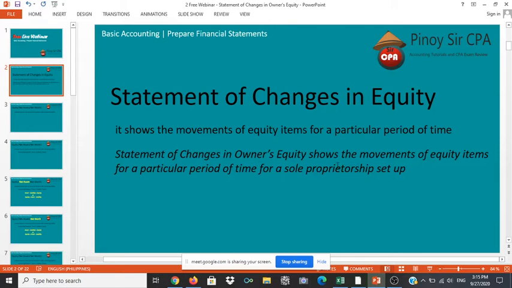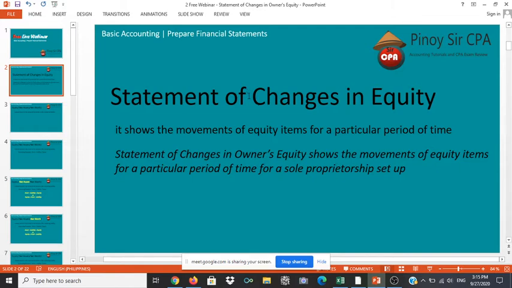Applicable for a sole proprietorship. Statement of changes in partner's equity naman ang tawag when it comes to partnership. Statement of changes in shareholders' equity naman ang tawag kapag corporation. So for sole proprietorship, statement of changes in owner's equity, to be specific. Yun yung tawag natin. Okay?